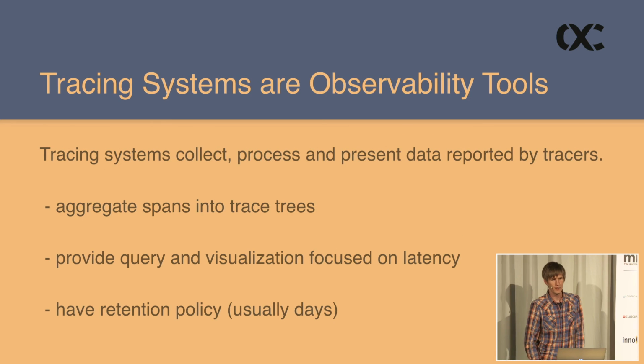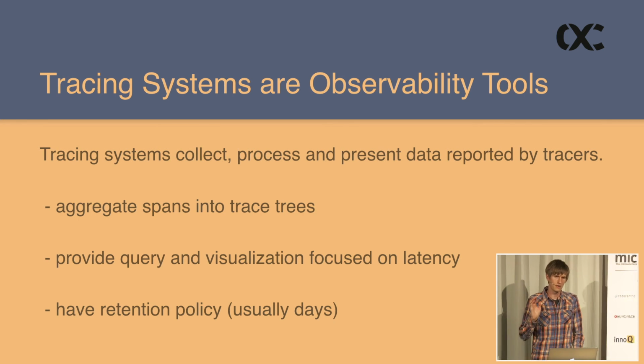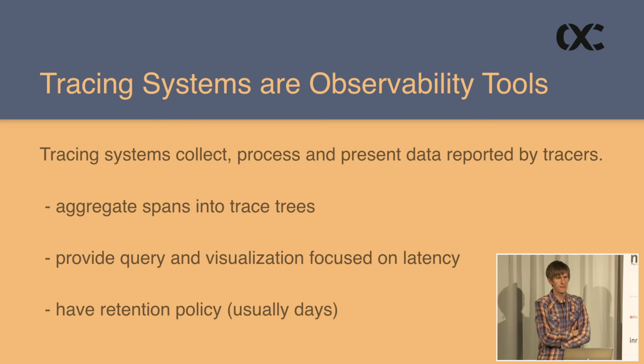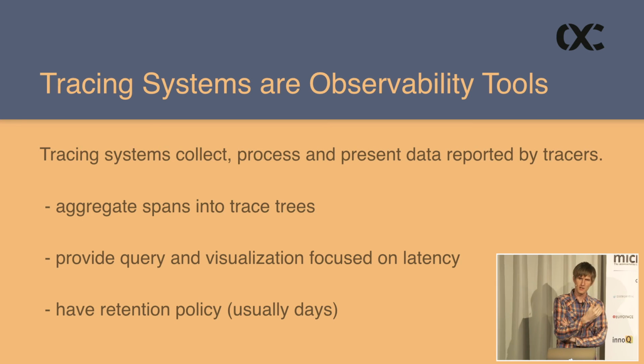And tracing, I put in the same bucket as other observability tools, like your normal metrics. And the biggest difference here is that unlike metrics, which are usually sending data that increments based on a context, like an HTTP path or something, this is collecting the causal data.